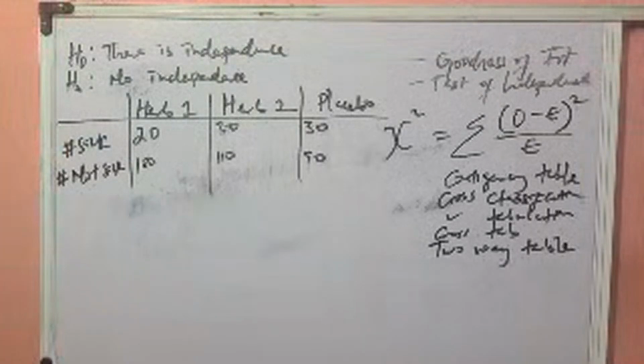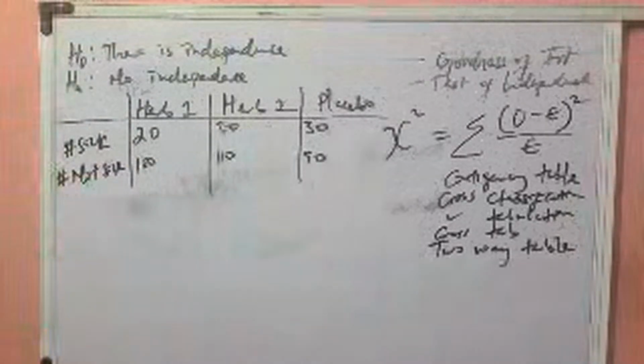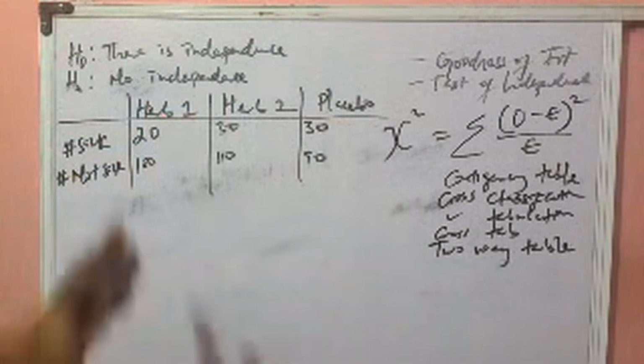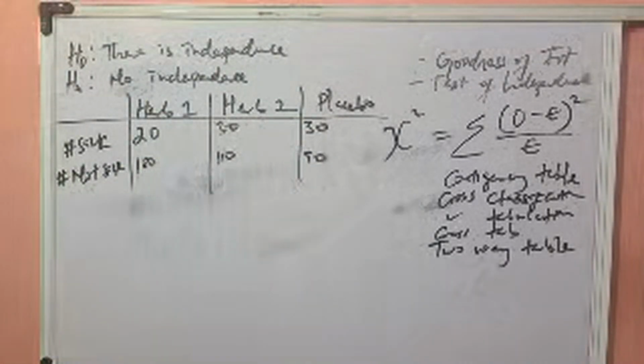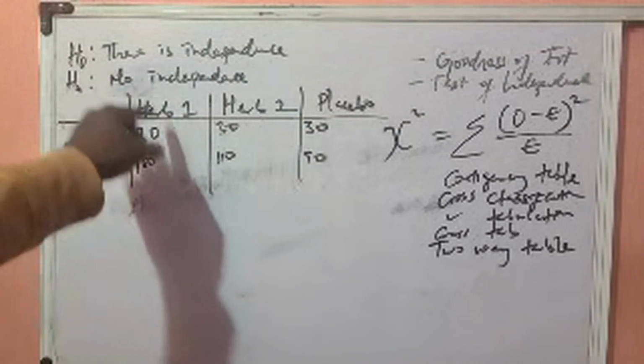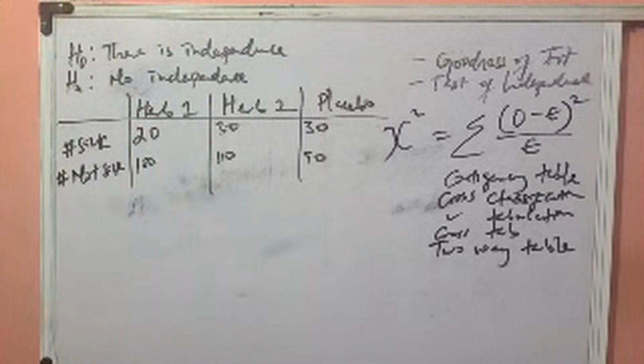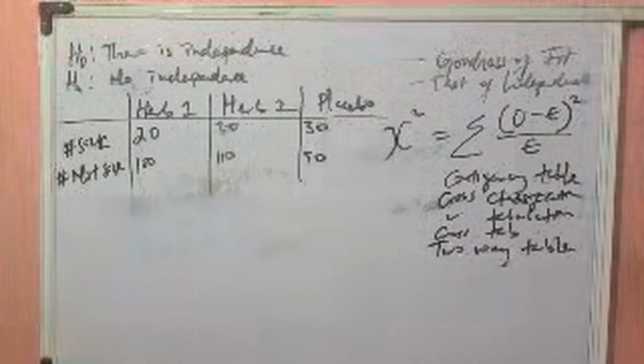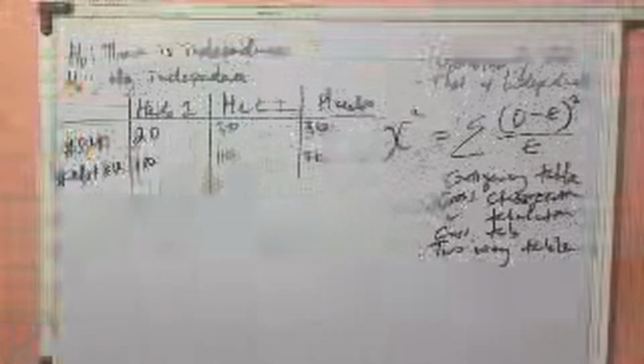I told you guys already that chi-square works for categorical data that are fixed in categories like this. They work best for categorical data. So you can see here, this 20 represents this category. That's why we always lean to chi-square when we see a scenario like this.